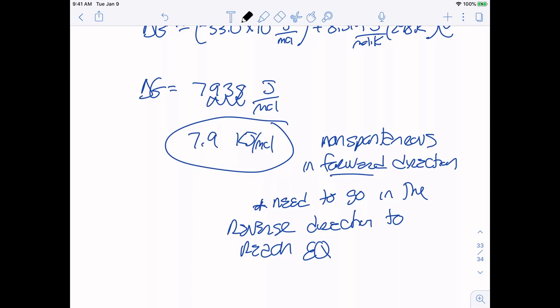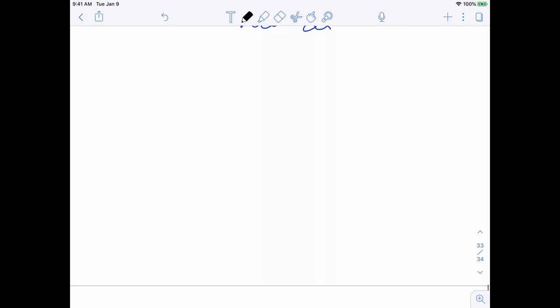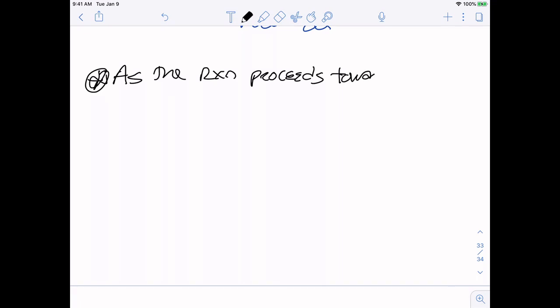So as a reaction proceeds towards equilibrium, whatever direction that may be, and then we're going to write some things under there. So our first one is if we have too much reactants.